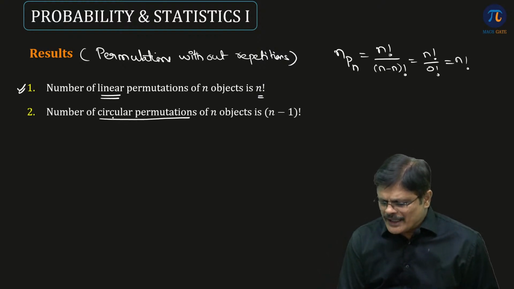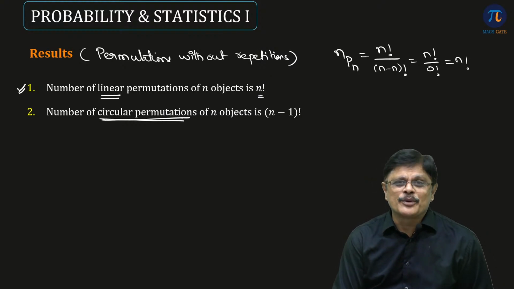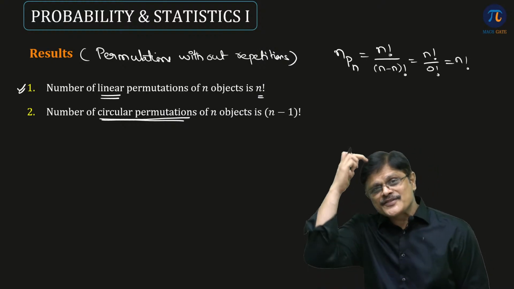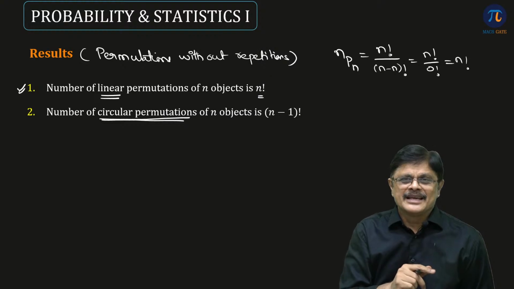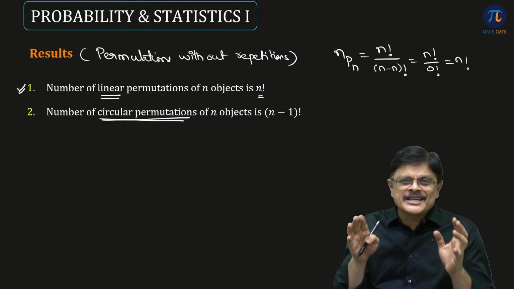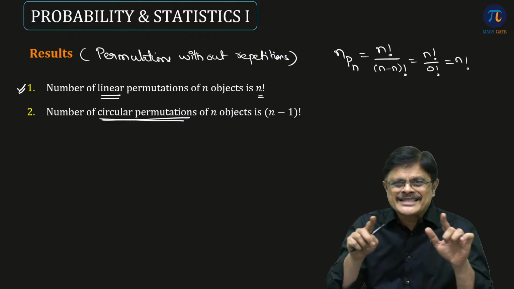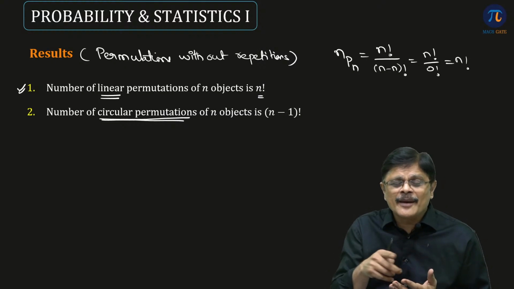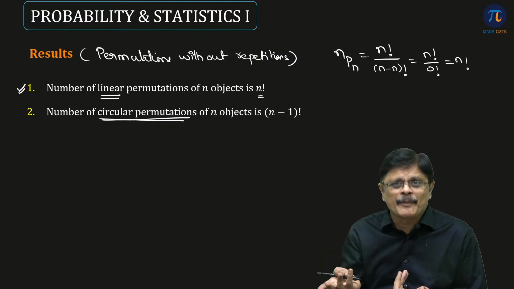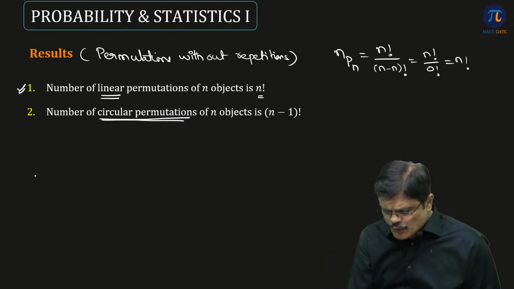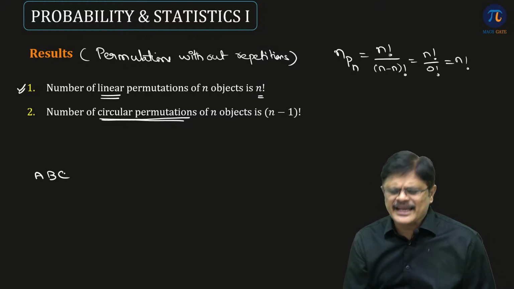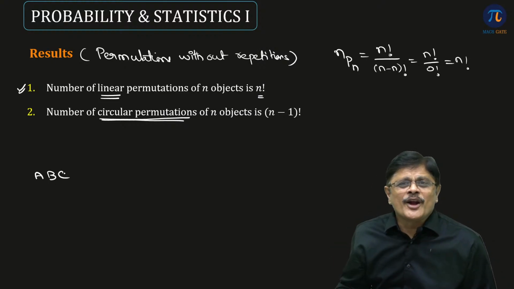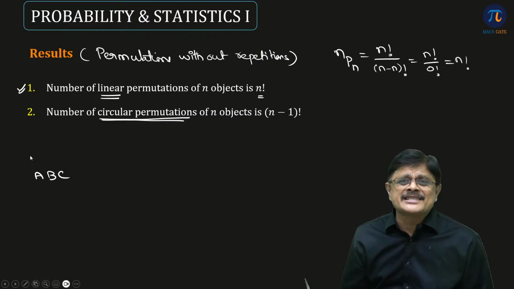Now the important thing is circular permutation, the number of circular permutations of n objects. See, the idea of circular permutation is that when you arrange the objects in a circle, different linear permutations become the same permutation. For example, if you take 3 objects, say ABC, the number of arrangements of these 3 objects is 3 factorial.